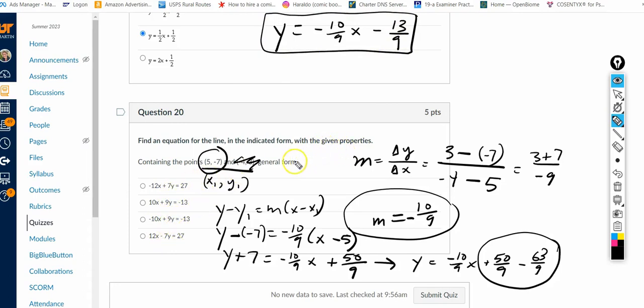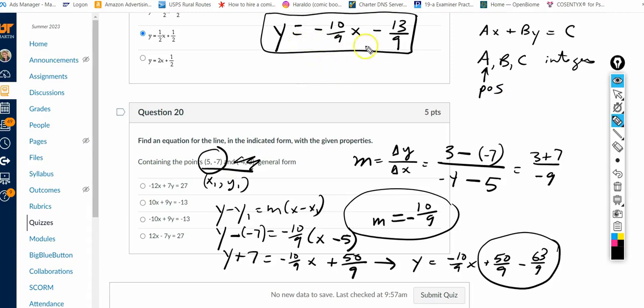So if it's in standard form or general form, you have to have it written like this. And A, B, and C have to be whole numbers, integers. And then the A has to be a positive number.